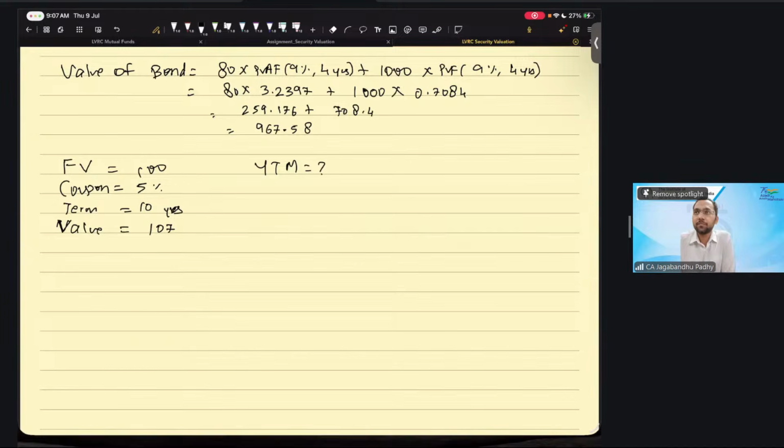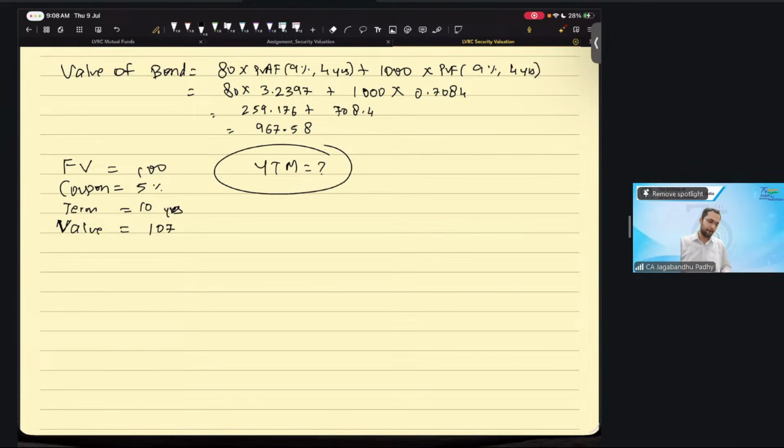Do we know how to calculate the YTM in this case? How do we get the yield to maturity?